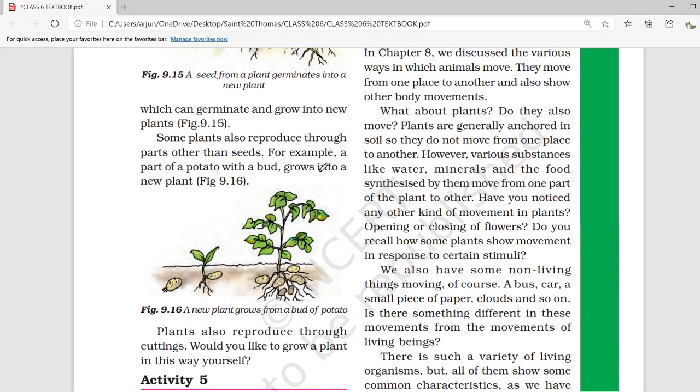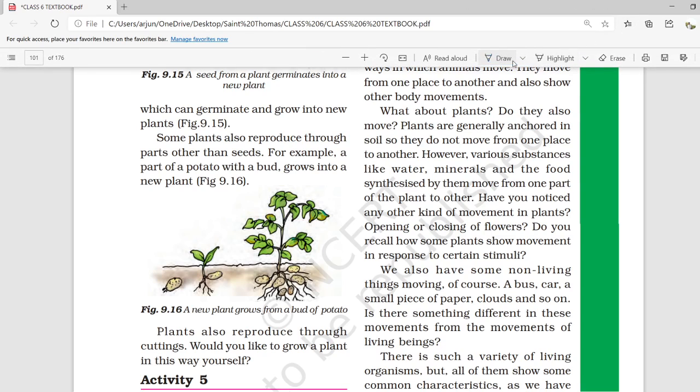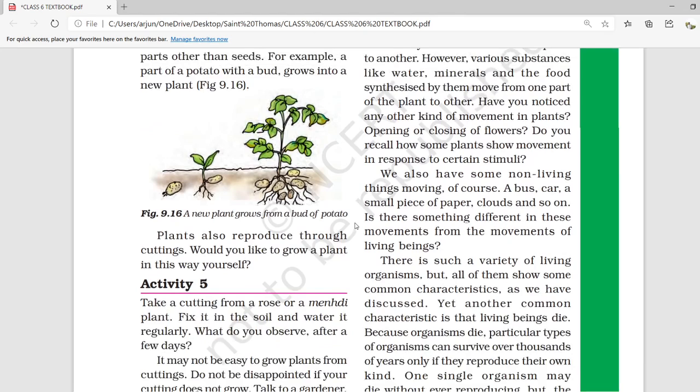Some plants also reproduce through parts other than the seed. It is not the only way by which plants reproduce. For example, a part of a potato with a bud can grow into a new plant.